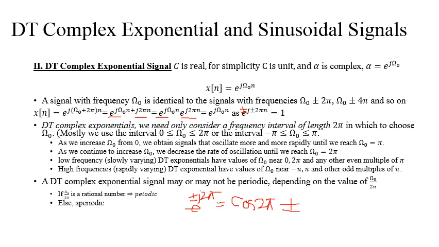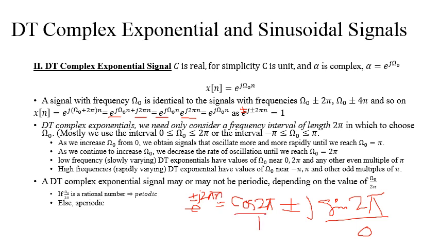So this will be cos of 2 pi plus or minus j sine of 2 pi. You understand the sine part will always be equal to 0, and the cosine part will always be equal to 1 if you have n here, right?